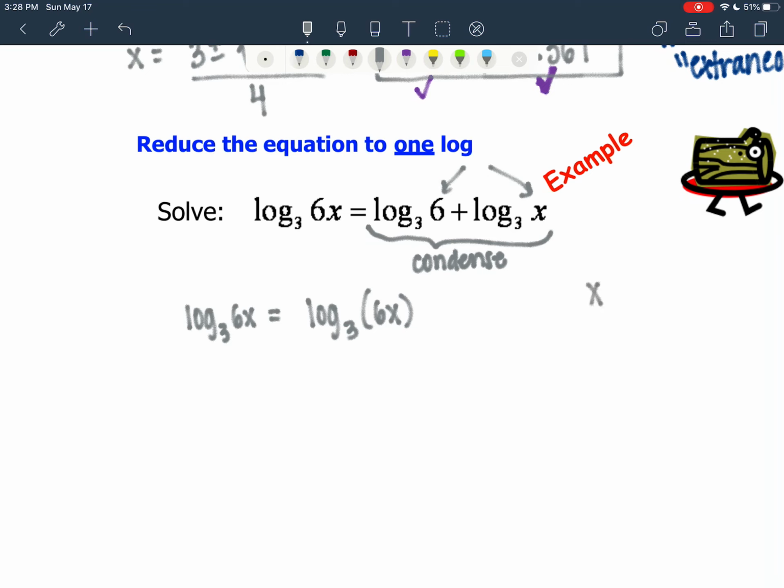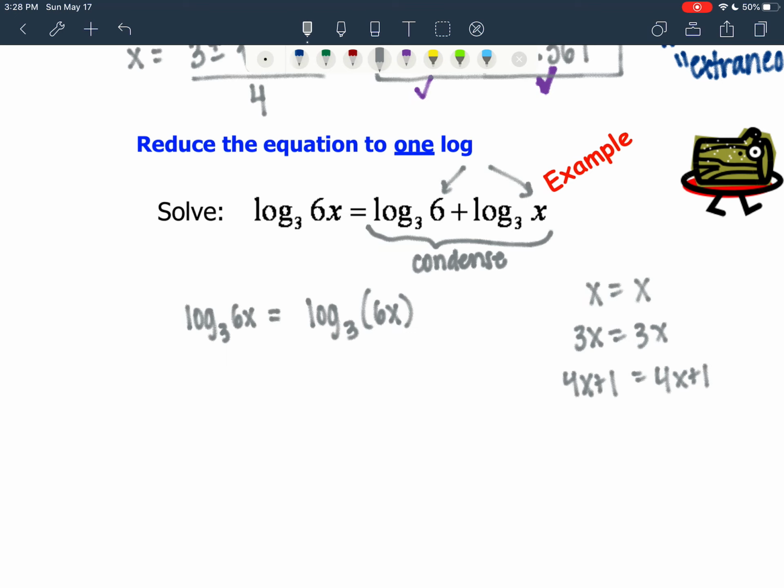It's kind of like saying x equals x, or 3x equals 3x, or 4x plus 1 equals 4x plus 1. This is a unique equation. Normally, anything is going to work.